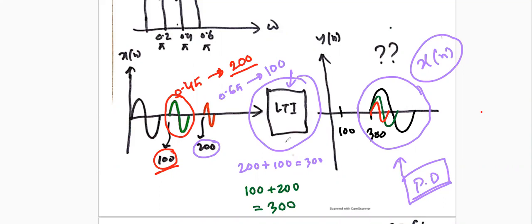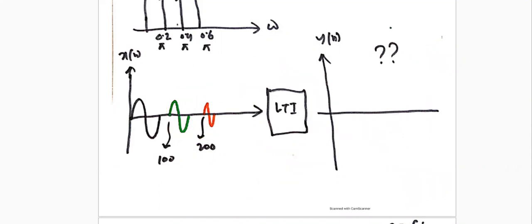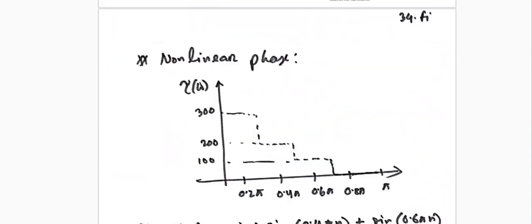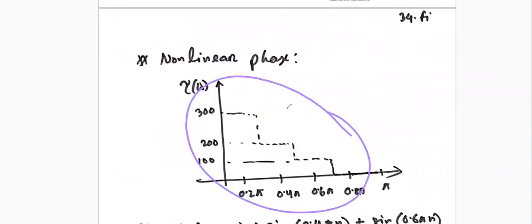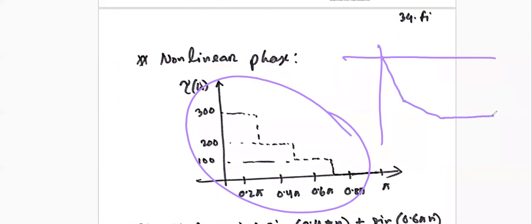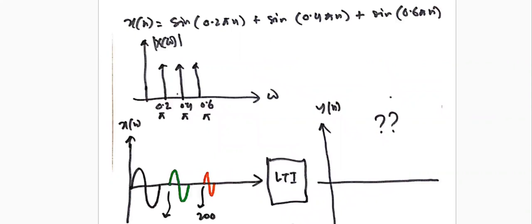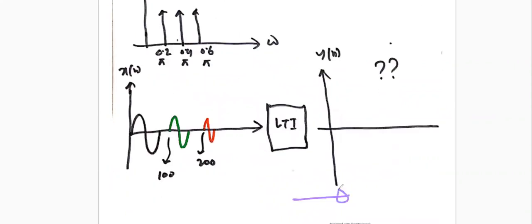And this kind of filter, where the group delay looks like this and the phase is non-linear in nature, you can understand that this is an IIR type filter. This non-linear phase makes your life very difficult, as we have seen in this example.